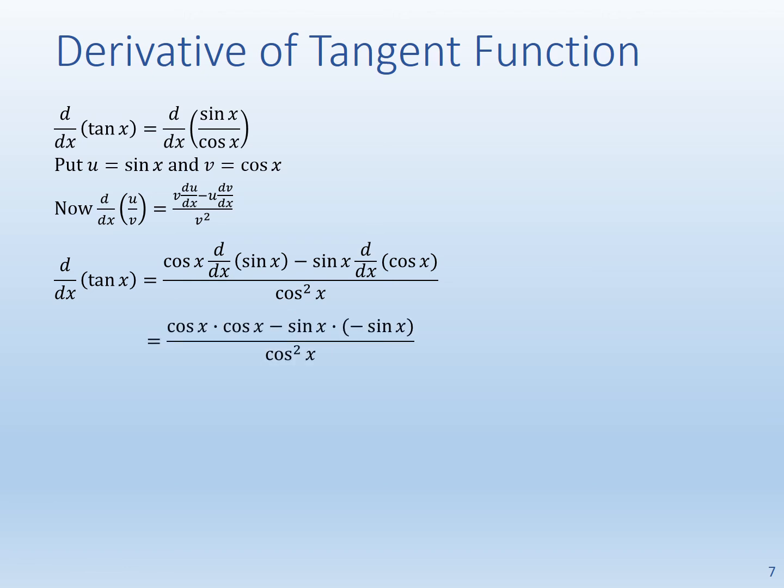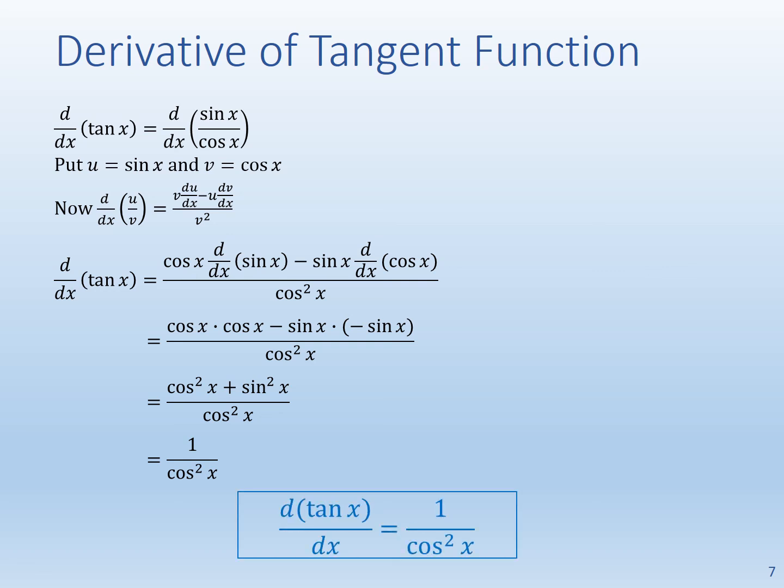So now going through and calculating those derivatives, the derivative of sine is cosine, and the derivative of cosine is minus sine. So now we have a cosine squared minus, and a minus is plus, so cosine squared plus sine squared is equal to 1. We get 1 over cosine squared is the derivative of tan x.